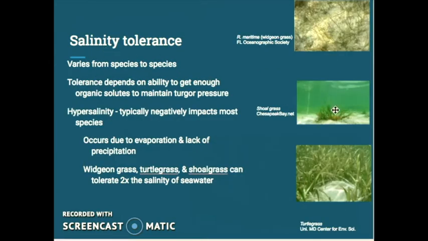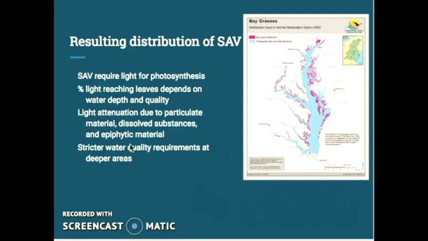These three grasses over here have 2 times the tolerance to salinity that many other grasses do, so they can be out closer to the marine influence, and also in areas where there might be more evaporation causing higher salinity. So a combination of salinity and depth of water, which determines the light that can reach the submerged aquatic vegetation, determines the distribution of these seagrasses in the Chesapeake Bay.